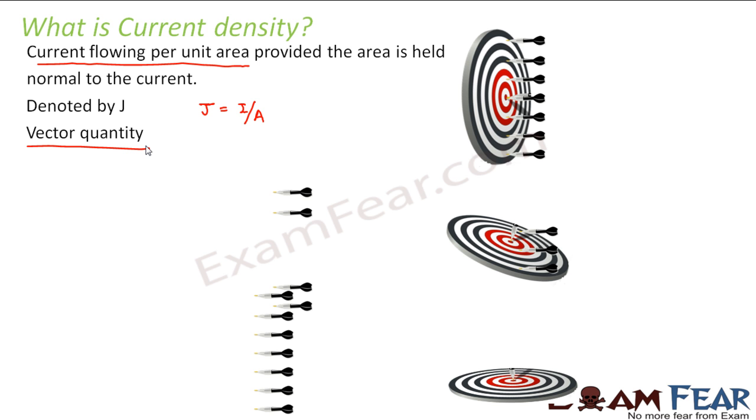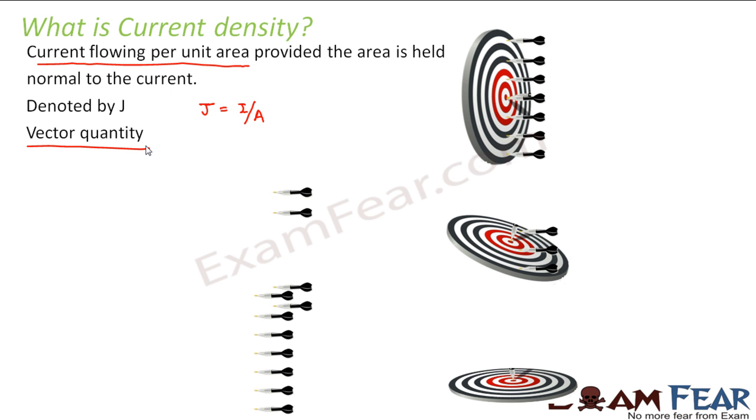So this shows that the current flowing, that is the current density, changes as the orientation of the area changes. This is why area is looked at as a vector quantity in this case, because the orientation of the area plays a very important role. So we call it the area vector, and that is why we consider current density as a vector quantity.